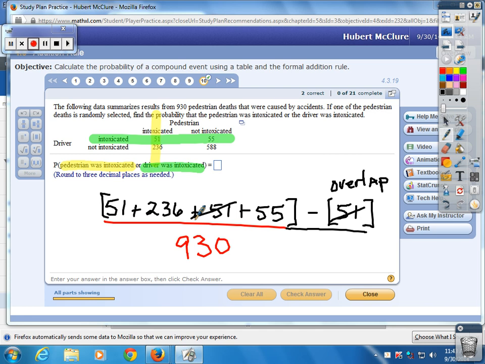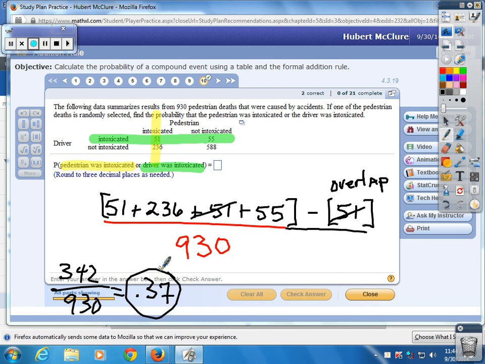51 plus 55 is 106, plus 236 is 342. Somebody help me out. 342 over 930. And somebody tell me what that answer is. 0.37.